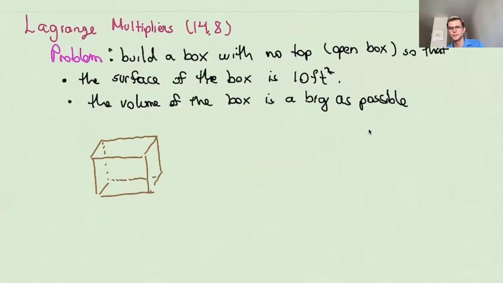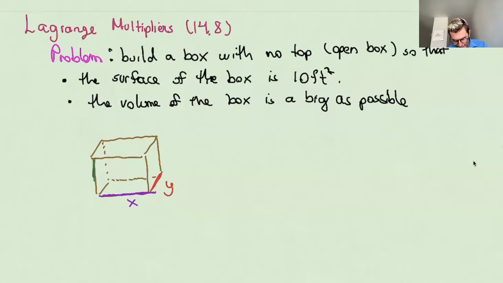So here's your box, right? Let's say it has a side here that we call X. Let's call this side X. Let's call this side Y. And let's call the height Z, right?